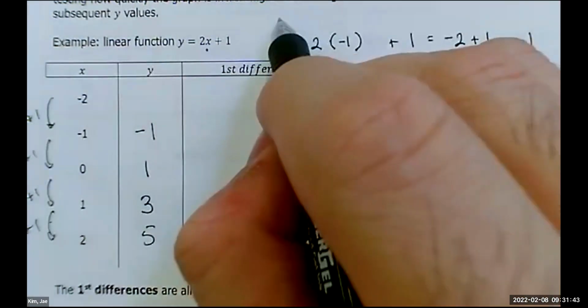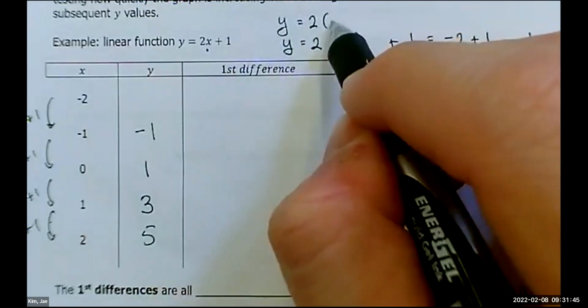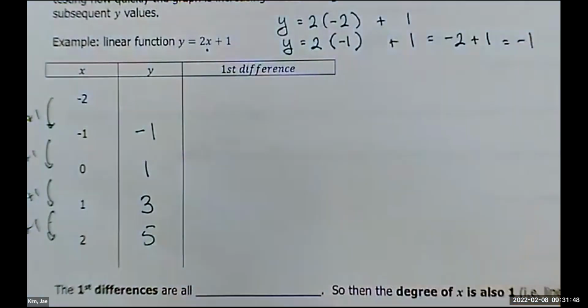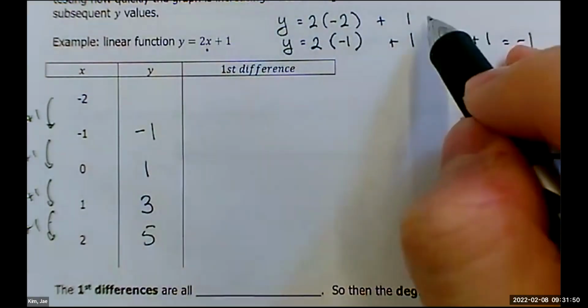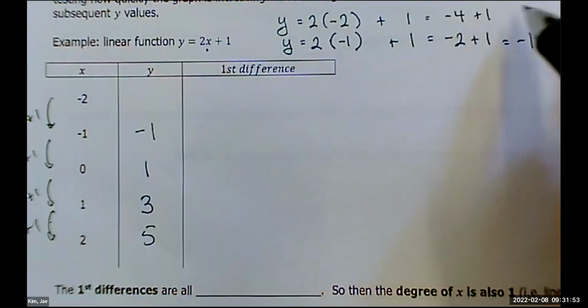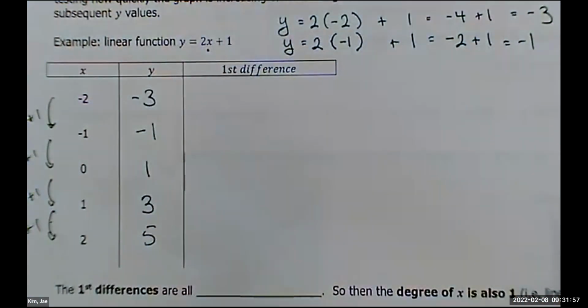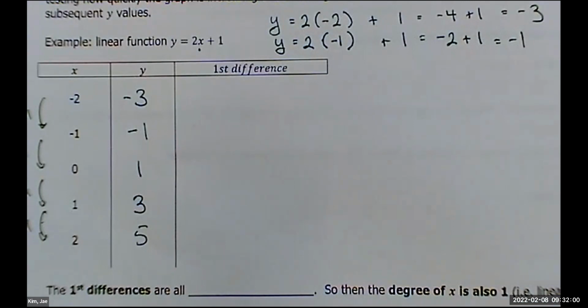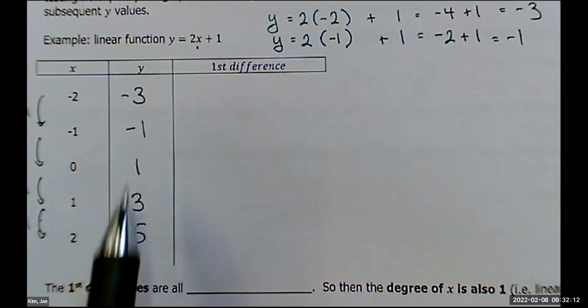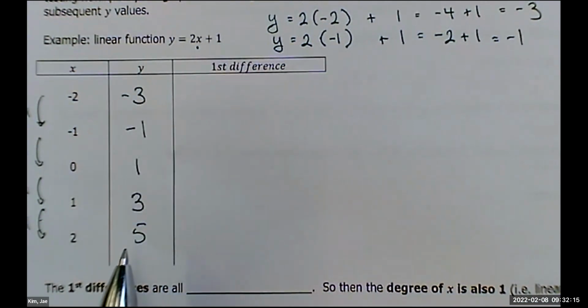If x was a -2, that would be -4 plus 1, which is a -3. So when x is a -2, y is a -3. I haven't done anything spectacular, really. I've just plugged in x's. Any questions about that? So if I give you an empty chart, can you do this? I hope everyone's nodding.